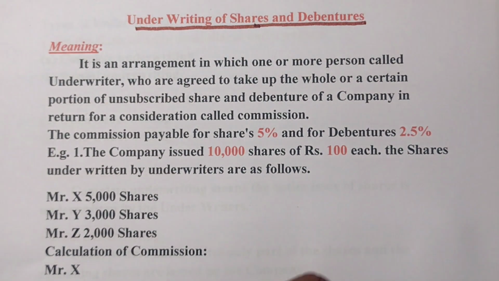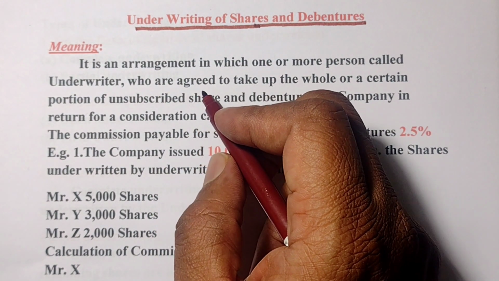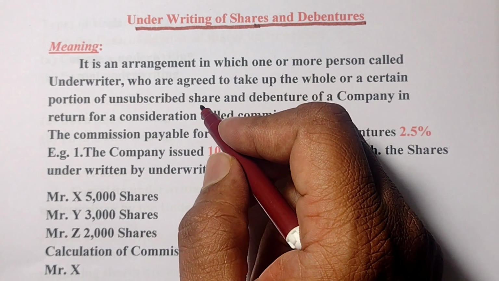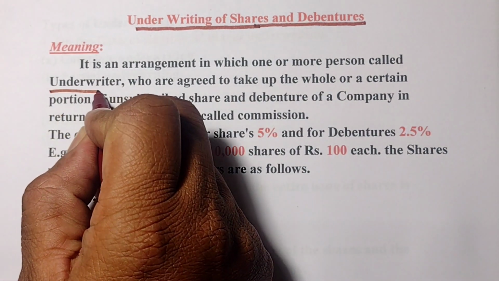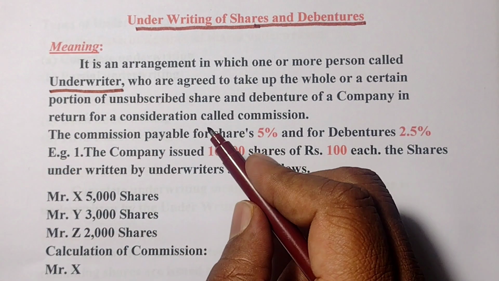The persons who are going to sell those shares to the public are called the underwriters.